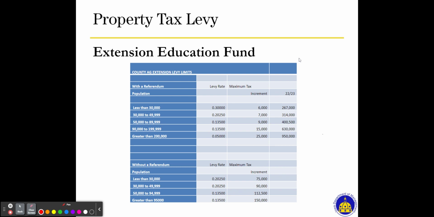So you'll find this information also in your budget instructions, but this column here provides for you, depending on your population, what your maximum amount of property tax and utility replacement tax, what your maximum requested dollars could be for your fiscal 23 budget.